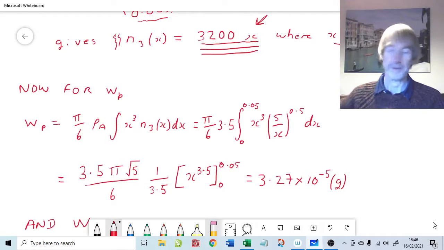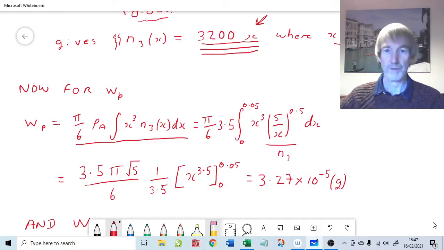It looks horrendous, it really does, but it's alright if you just keep logically going through it. So here is our equation for the average mass of a particle in component A. We've substituted in our equation just here for n3x. So don't forget that this bit here is the n3x that we've just been talking about.